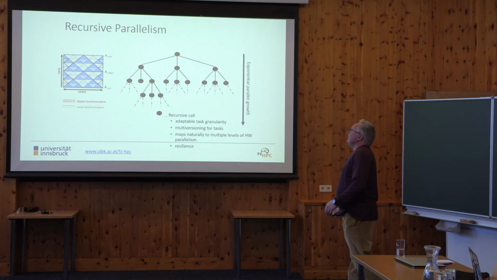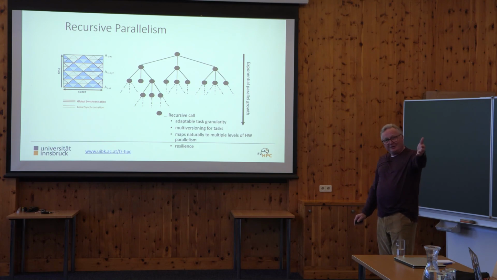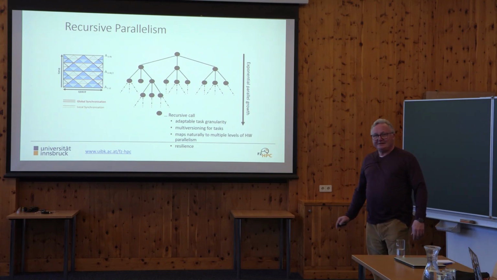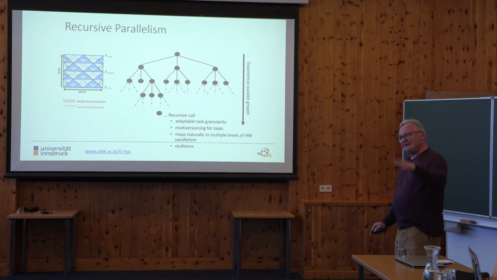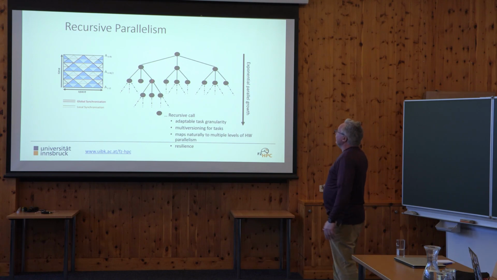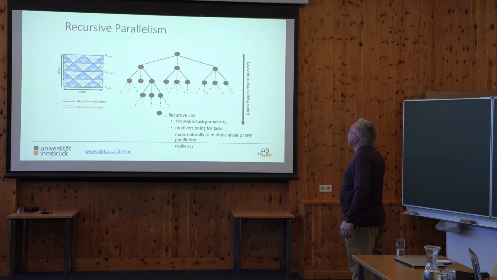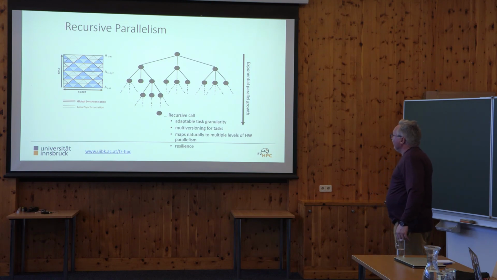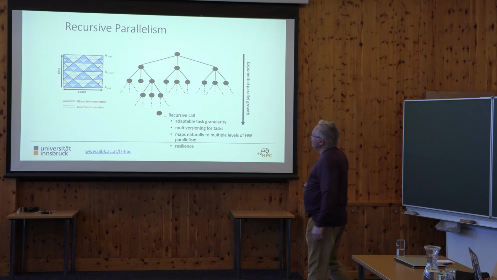In contrast, recursive parallelism, again stimulated by Cilk, has a tendency for a large class of algorithms and patterns to have more local synchronization and less global synchronization. With recursive parallelism, of course, you start with a task and break it down into subtasks and so forth until you stop the whole thing. Here you see a typical picture.